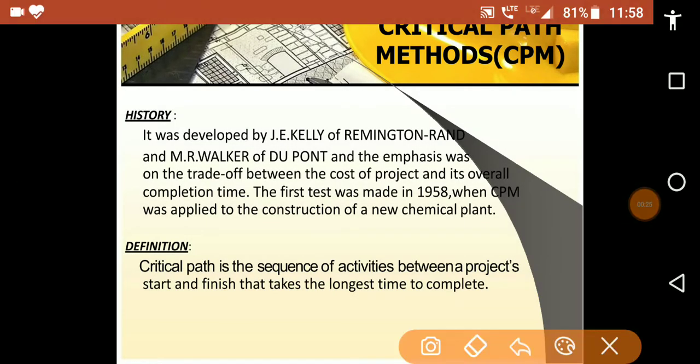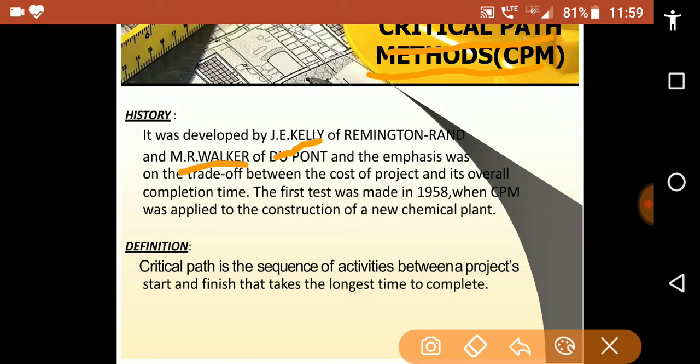So first we see the critical path method, that is CPM. This technique was developed by J.E. Kelley and M.R. Walker, and the emphasis was on the trade-off between the cost of projects and its overall completion time.